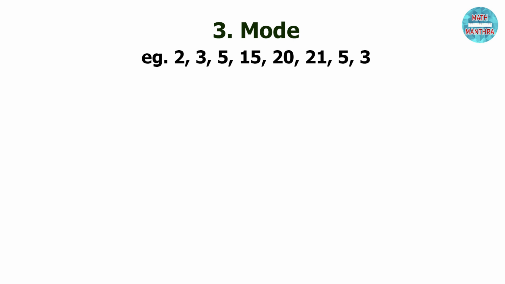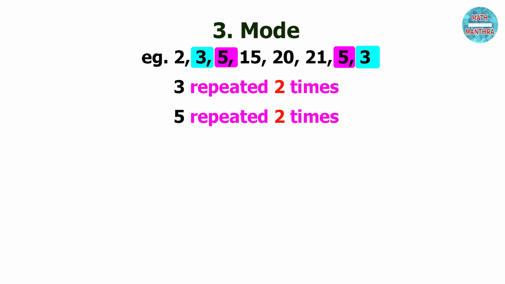2, 3, 5, 15, 20, 21, 5, 3. Now, here we can see 3 as well as 5 are equally repeated 2 times. 3 is repeated 2 times, 5 is also repeated 2 times. So what we can conclude here is that we have 2 modes. So for this data, there are 2 modes.